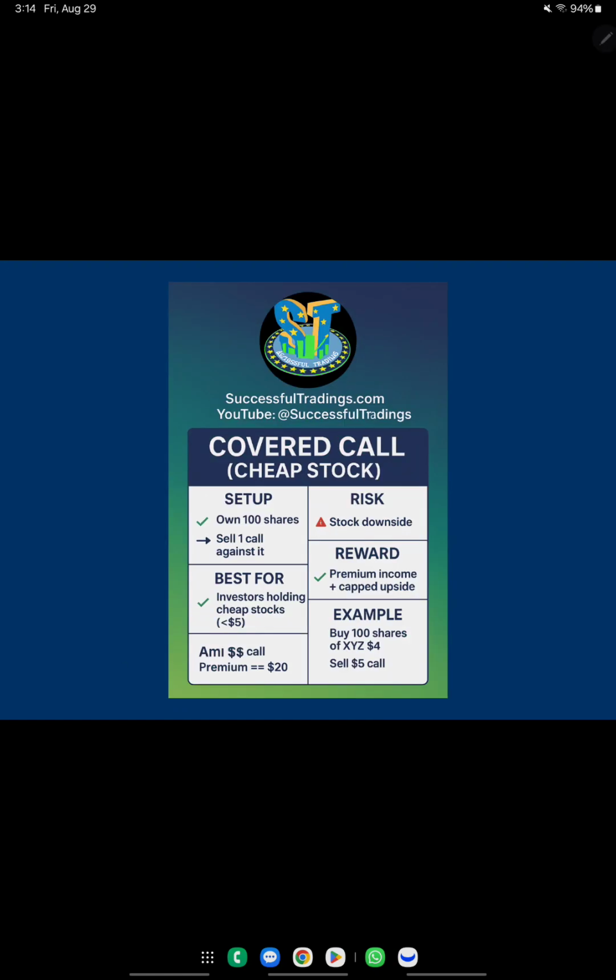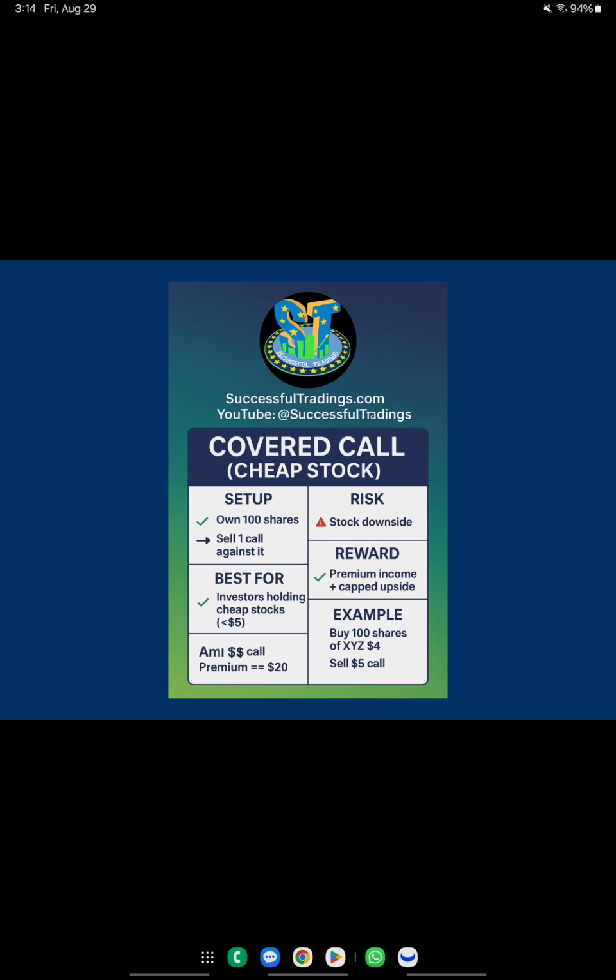The second strategy we are going to get to is one I've really used. You can use it whether you're a beginner trader or an advanced trader, and it's really attractive to me. Why? Because I get money upfront. It's called a covered call strategy. So what needs to happen here?